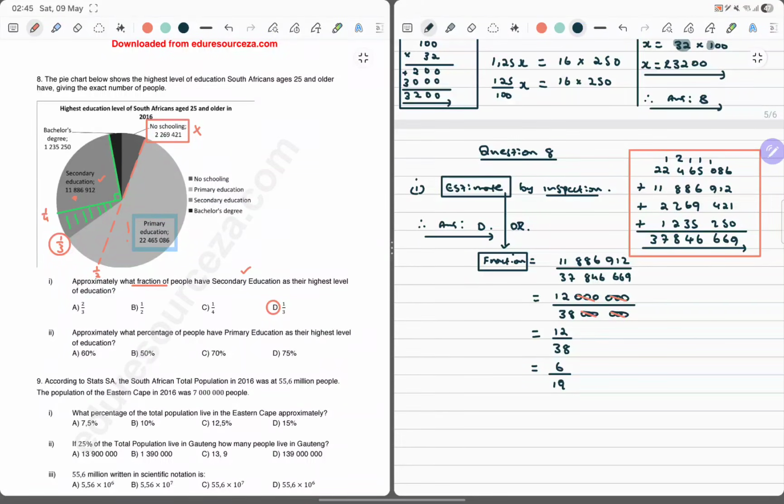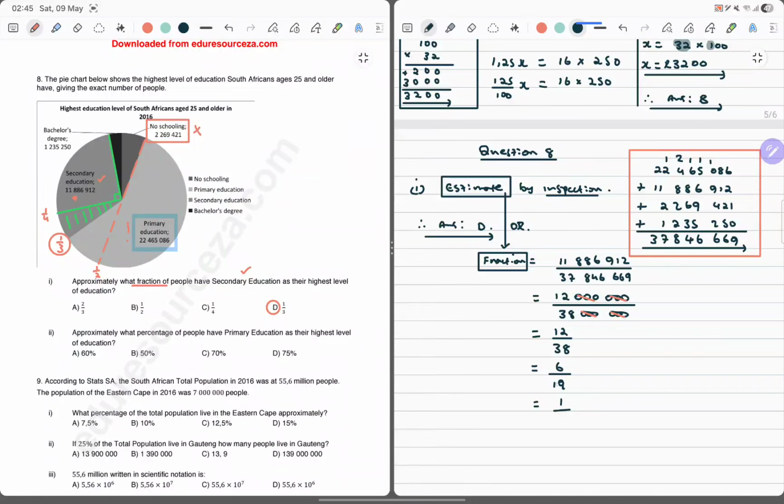I may be shooting myself in the foot here, but yeah. So this is 6 over 19 somewhat. Now where's this question? And you can already see that 6 goes into itself once.